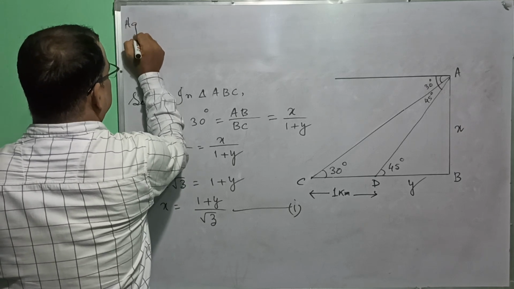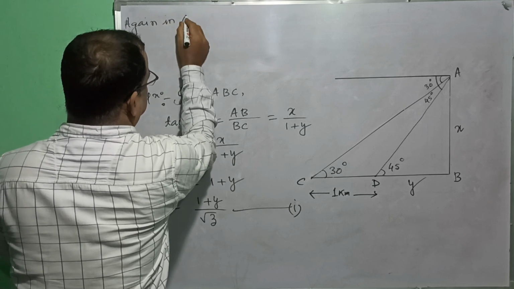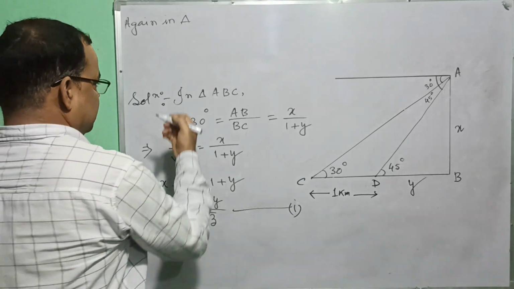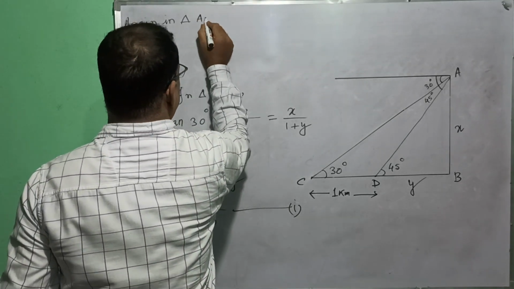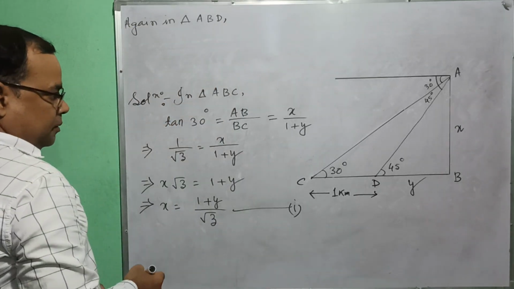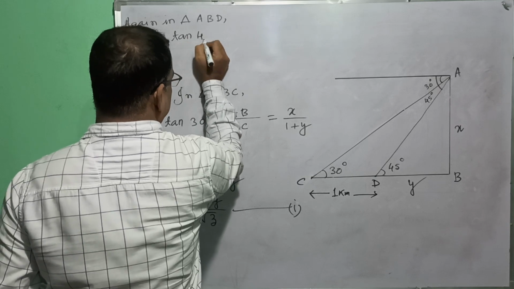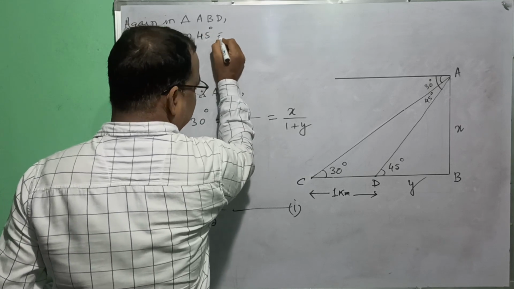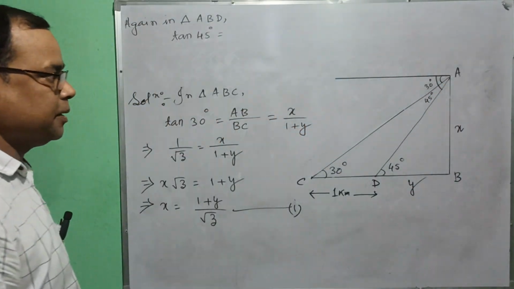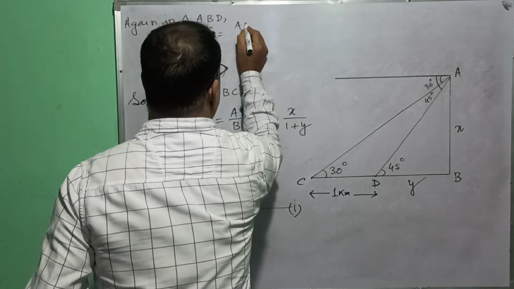Again, now we'll use triangle ABD. So in triangle ABD, tan 45 degrees equal to AB by BD.